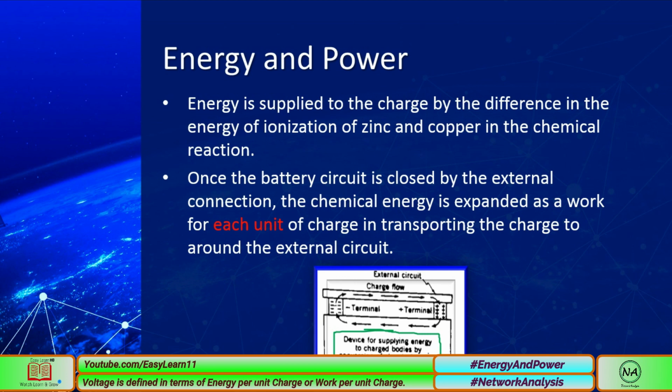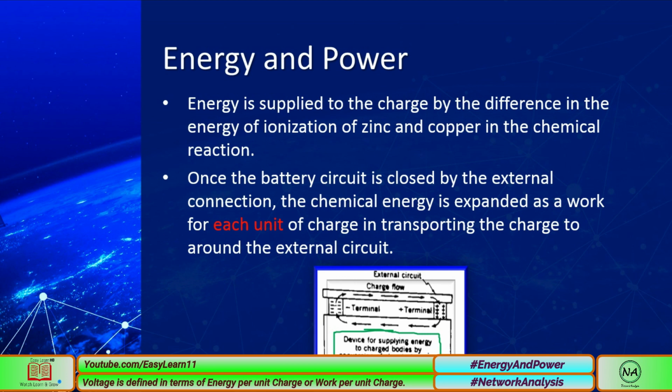The ions are induced in this structure due to the different metals like zinc and copper. These metals have different ionization energies, so when the chemical reaction of their charges happens, they meet each other in this dilute sulfuric acid solution.